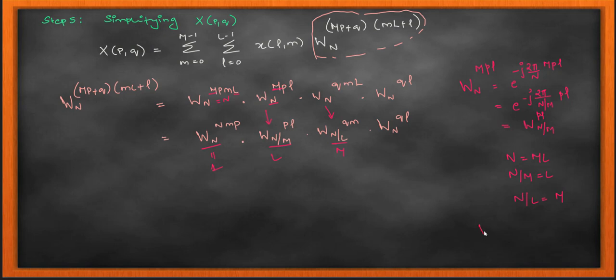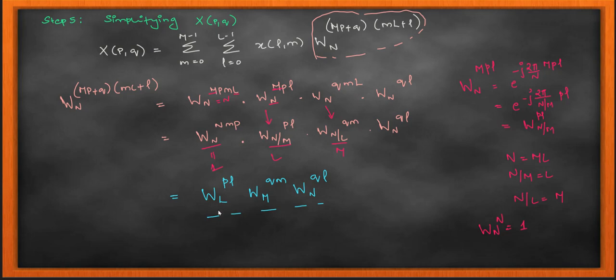And this is 1 because it's a multiple of n. So it's a single integer, it's 1 multiple of n. So wn to the power of n is equal to 1. So we have seen many places whenever it is a multiple of n, it becomes 1. And now I am having just 3 terms. All right, good. So now I can tell by just seeing this is the simplified complex exponential.